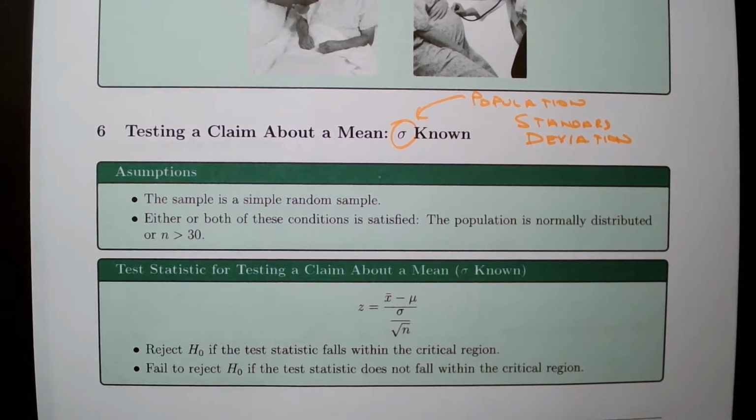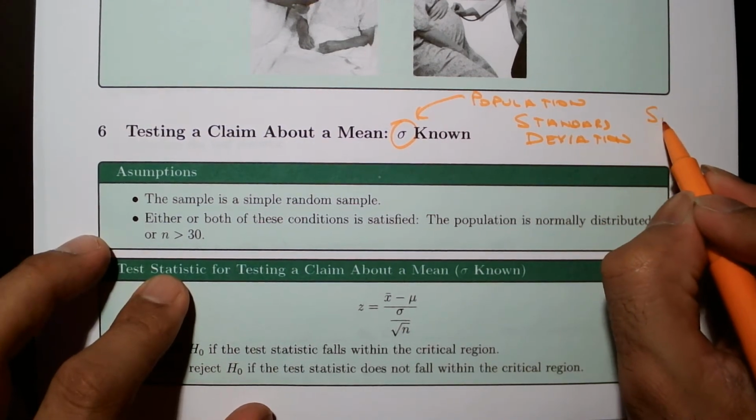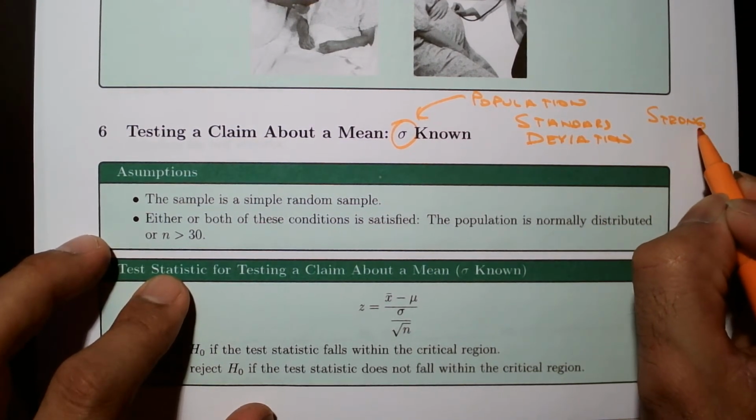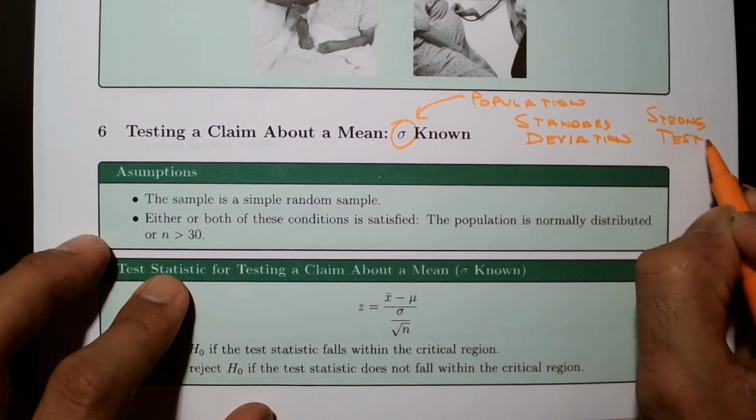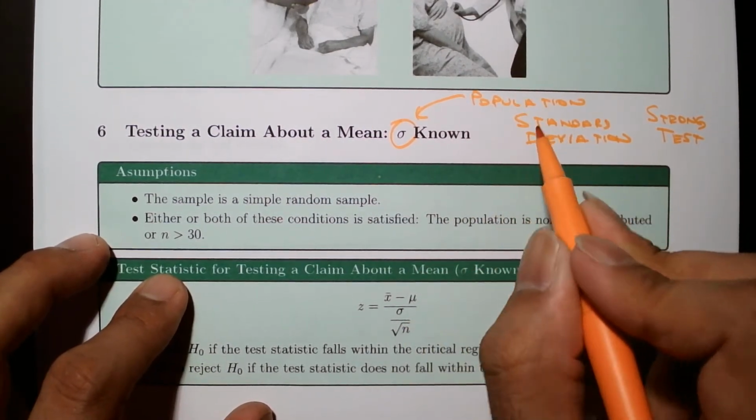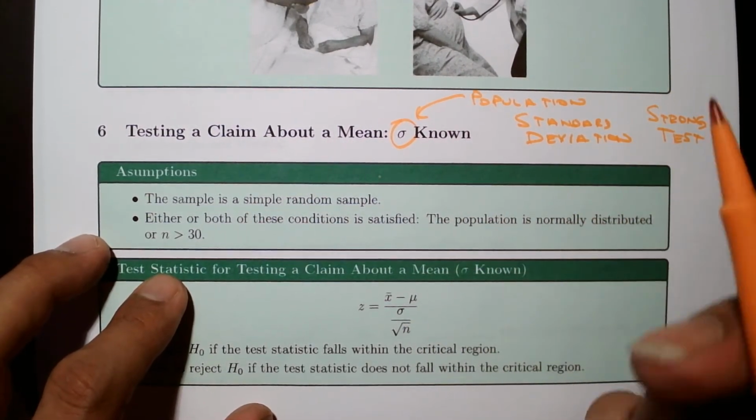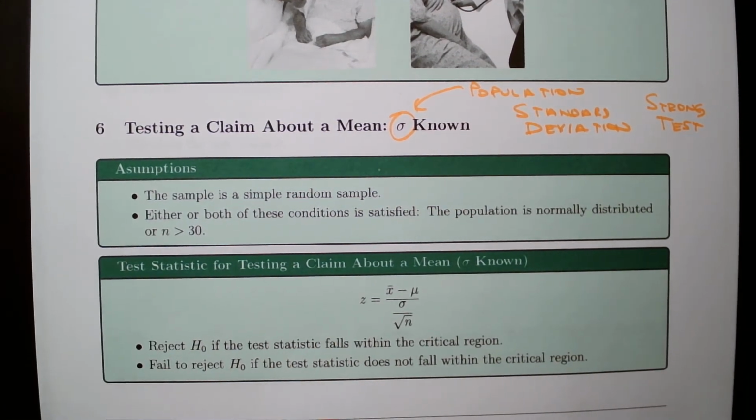So this test is typically a strong test because at least we know one parameter of the population.